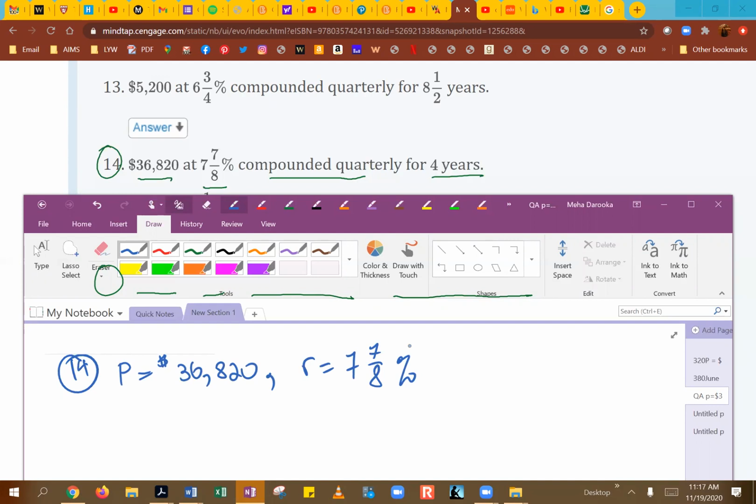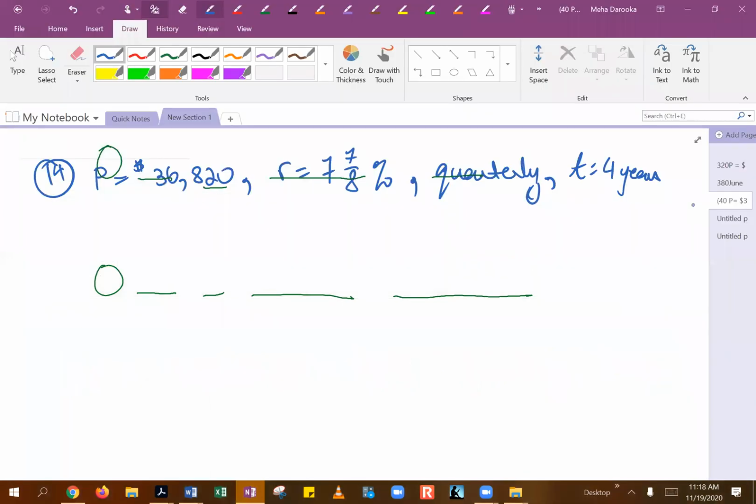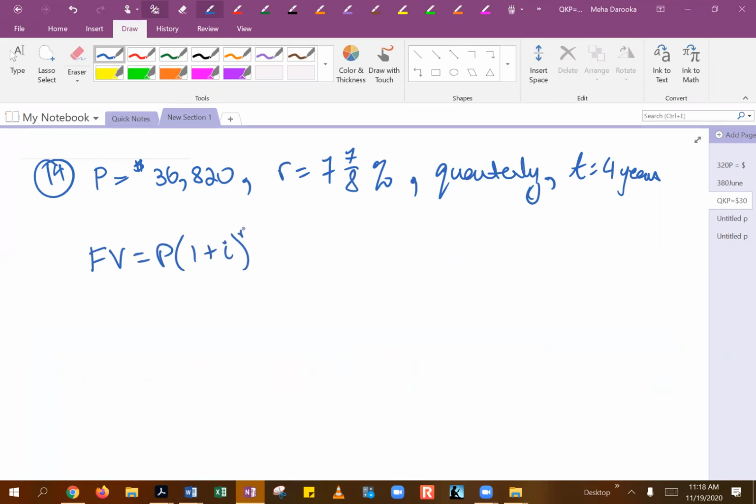They're telling us it's being compounded quarterly. And our time is for 4 years. Okay, so the formula, the way it's given to us in your textbook, is principal times 1 plus i to the nth power, or like I said, I actually prefer the other way around.